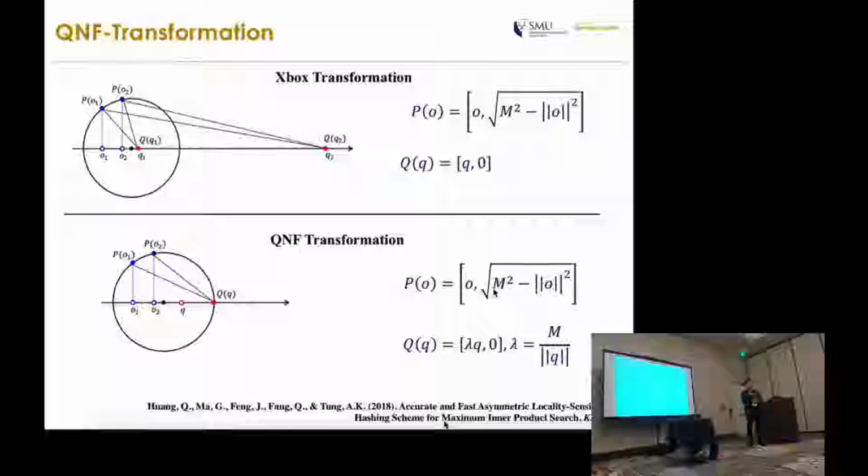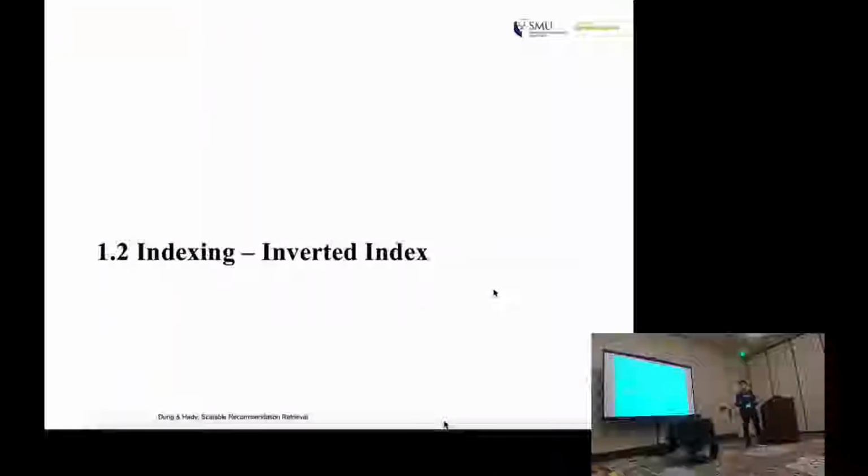Okay, so that summarizes the approach of vector augmentation that converts maximum inner product search into nearest neighbor search and maximum cosine similarity search, which you can solve effectively using locality sensitive hashing. Now the second idea is that you can make use of an inverted index to solve recommendation retrieval.